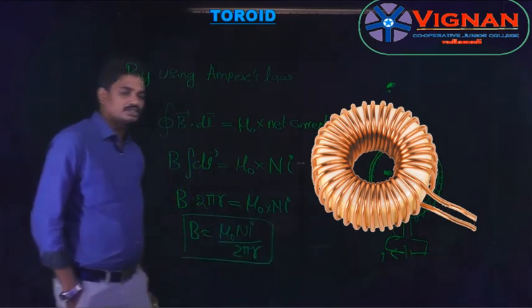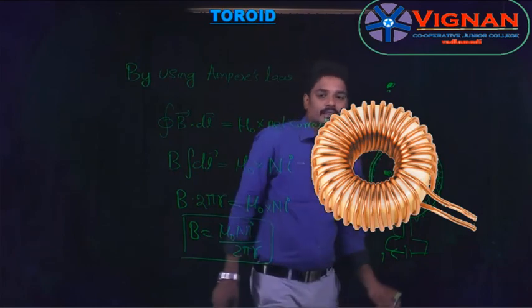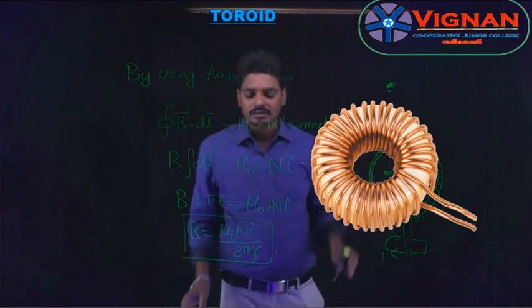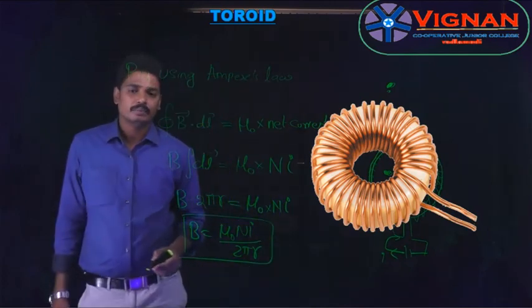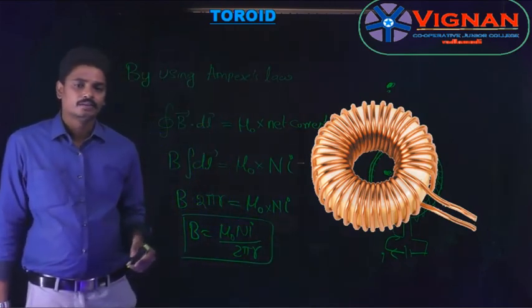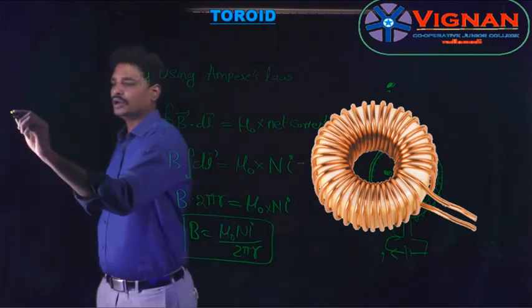It is the strength of the magnetic field inside the circular shell.